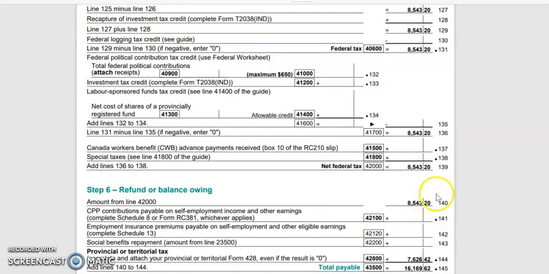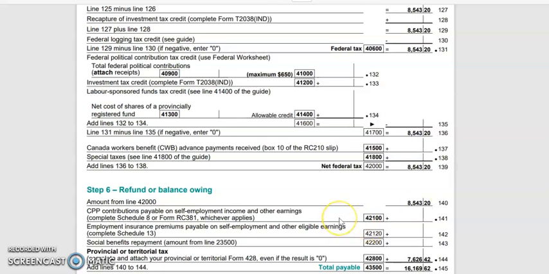Net federal tax, and now that is carried forward into step 6, your refund, where you're going to calculate your refund or balance owing. And the first thing we're doing in this section is carrying down the amount from line 42,000, which is your net federal tax. Okay, so we fill that into line 140, your 8543.20.